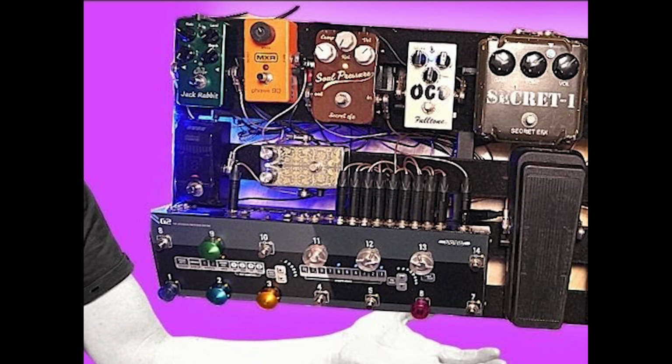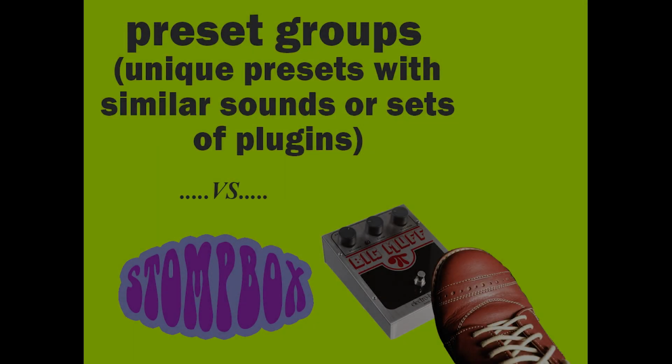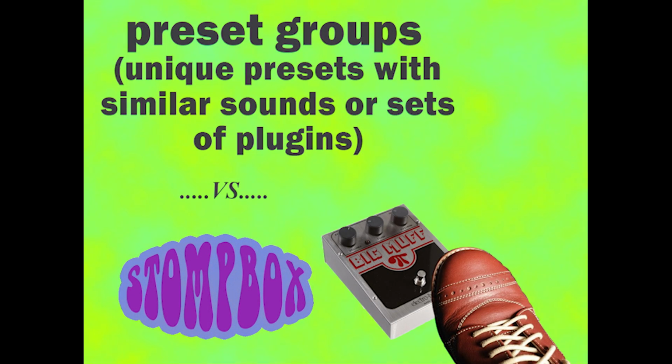But back to the preset concept, where does this come in? For some guitarists, for some instrumentalists, there are several different presets that are similar in nature, but they may differ by one or two plugins. I'll give you a great example.